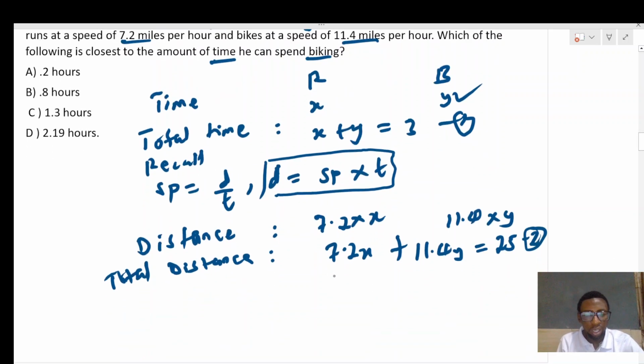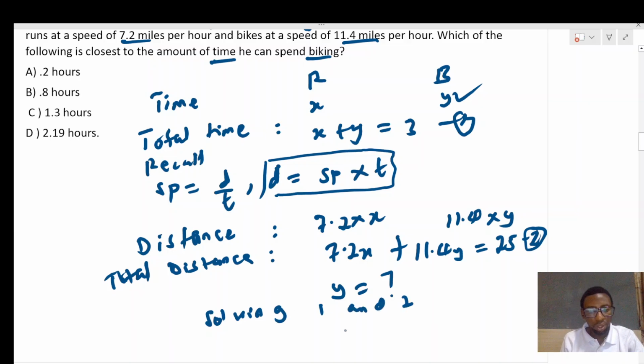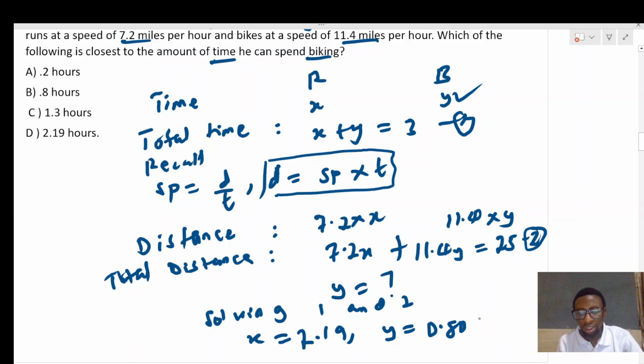If I solve equations 1 and 2 using your calculator, whether the SAT-aligned calculator or the Desmos graphing calculator, I'll get my x as 2.19, and I'll get my y as 0.095.